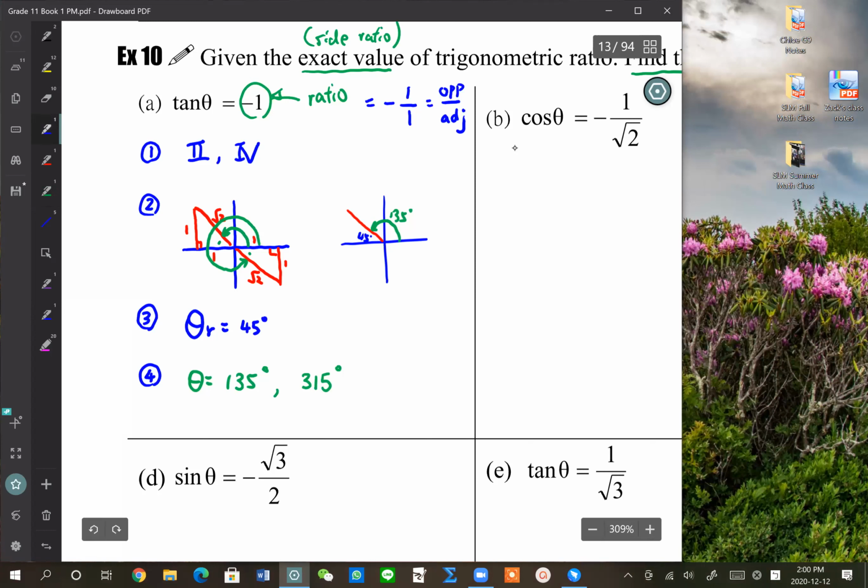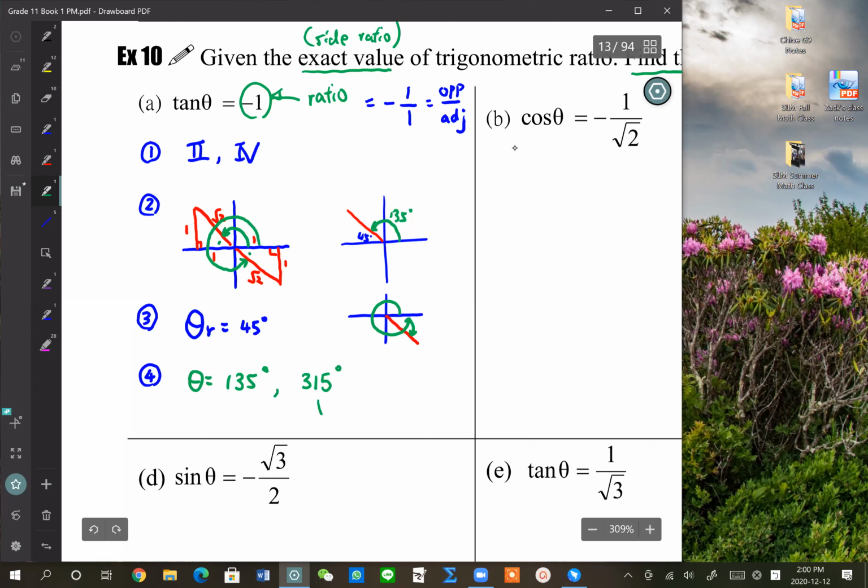So let me draw it out, right? To get the second answer, what you can do is you turn a full circle, right? That will be too much, right? That will be 360. So you need to go back, subtract, okay? Because you want to stop at the fourth quadrant, the terminal arm at the fourth quadrant.